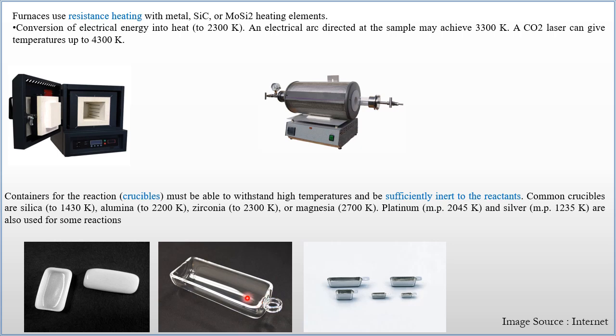This notch, or this ring, is there in these boats because if you are putting your sample in a tubular furnace, like this one, in this tube you will insert your boat which will contain your reactant.